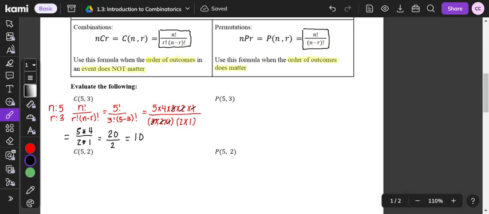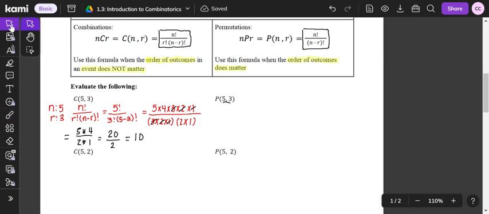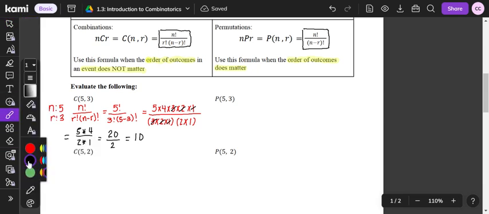All right, now let's do the same numbers, 5 and 3 again, except let's jump over here and do the permutation. So really similar formula. Remember, we're just missing that extra r factorial, but I'm going to start it off the same way.